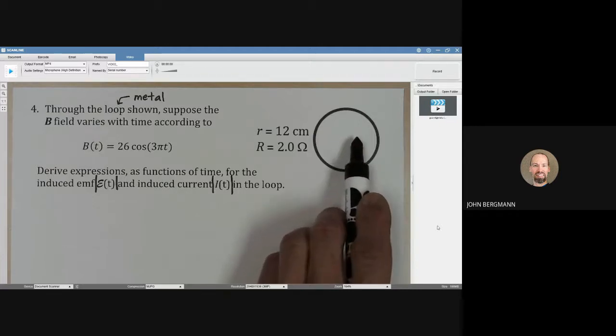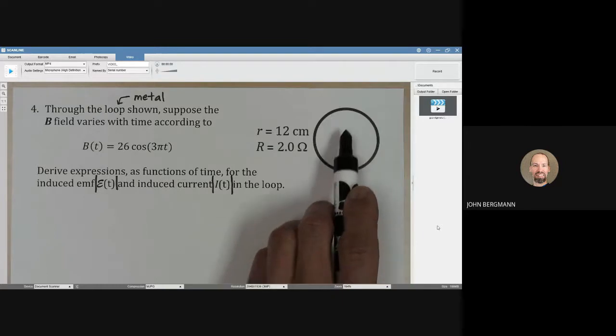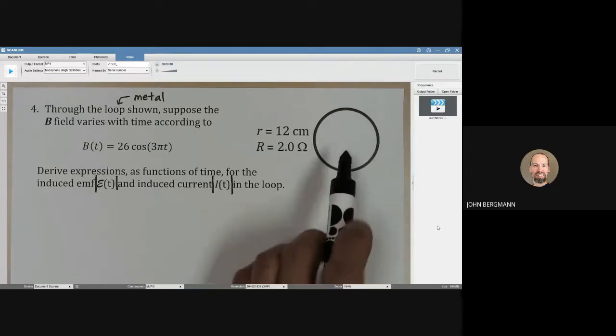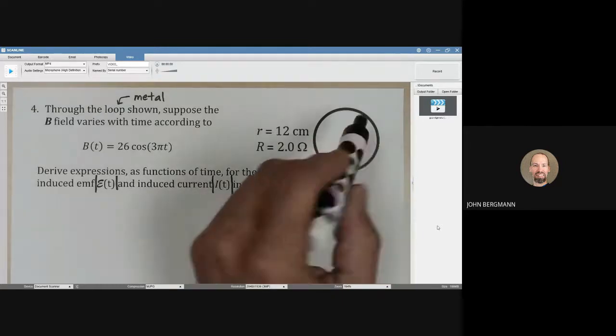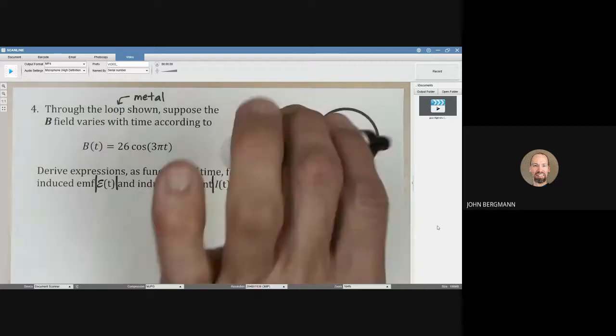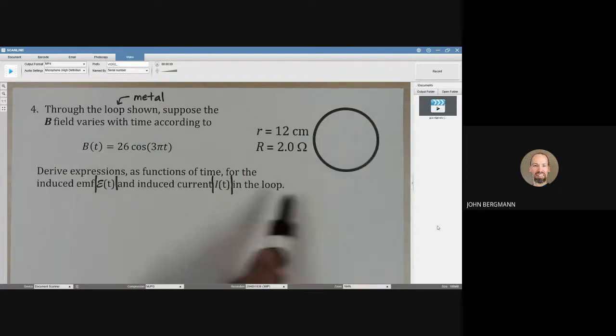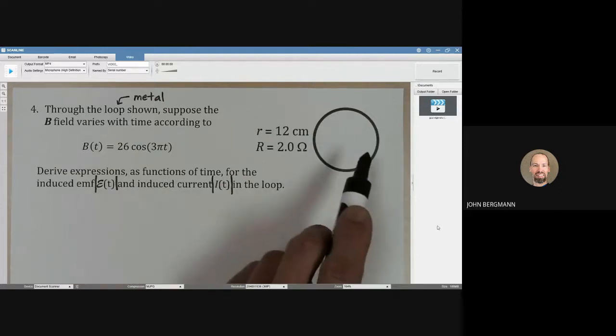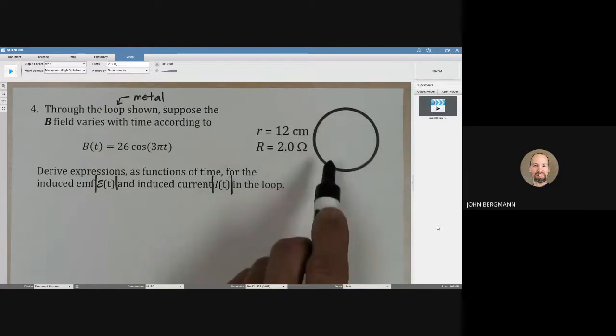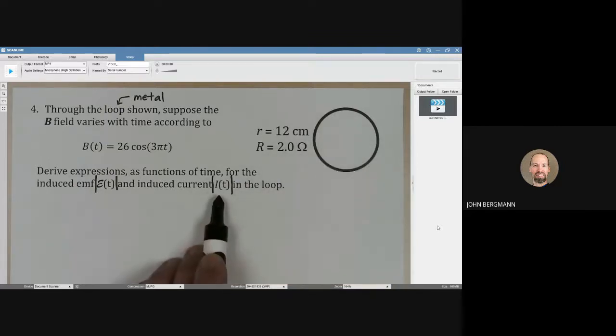At some times, the magnetic field is pointing out of the page at us through this loop, and at other times it's pointing into the page, and then a little bit later it's pointing out, and then in. That's going to cause the direction of the EMF around this loop to be sometimes clockwise, then counterclockwise, then clockwise, and so on. Same thing for the current. We're just going to find the magnitudes here.